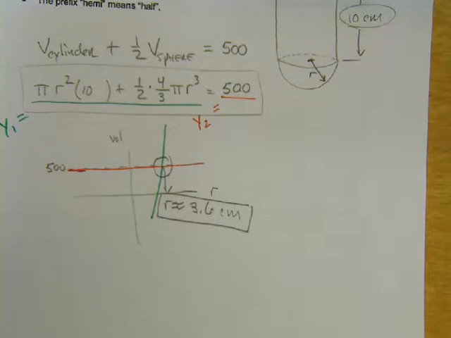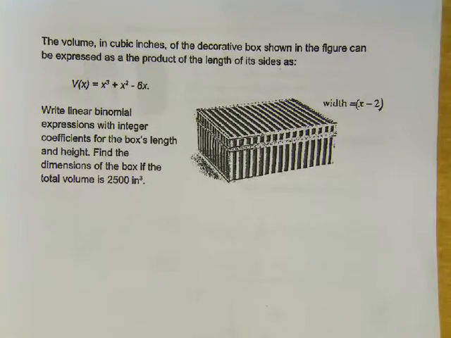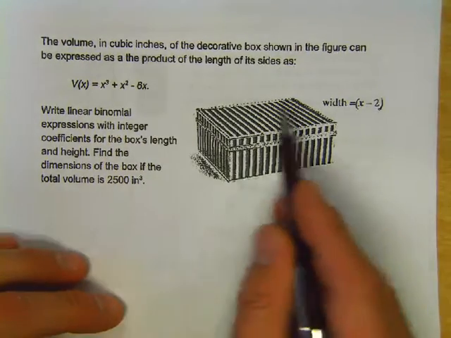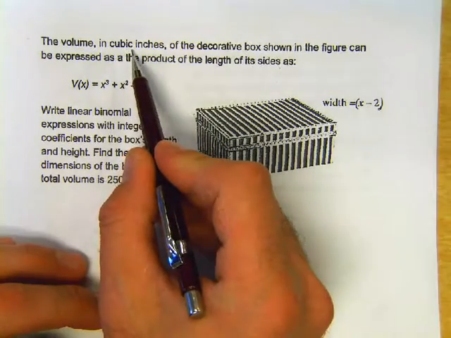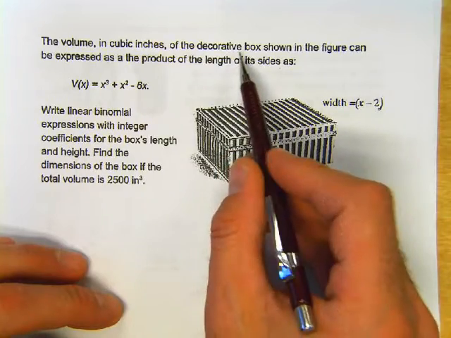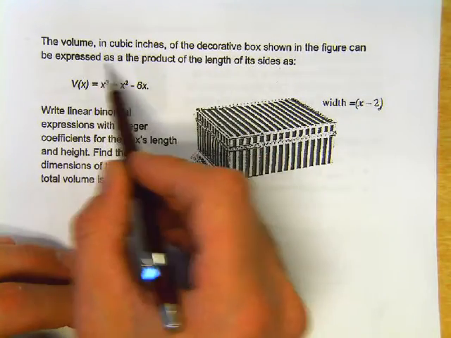All right, let's talk about the problem of this big old storage box here. The volume in cubic inches of the decorative box shown in the figure can be expressed as the product of the length of its sides as the volume equals x cubed plus x squared minus 6x.